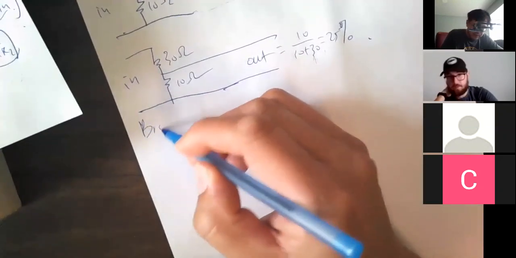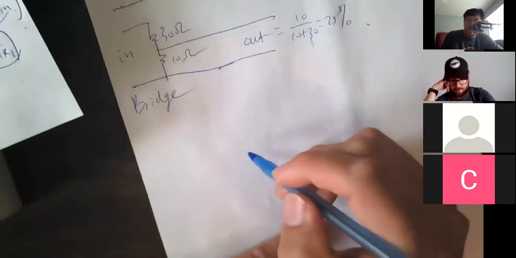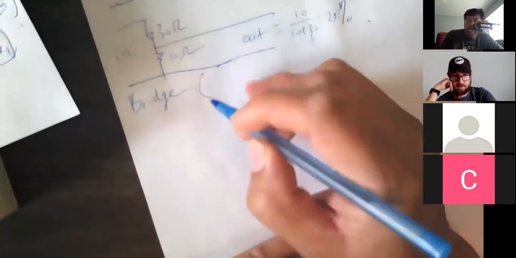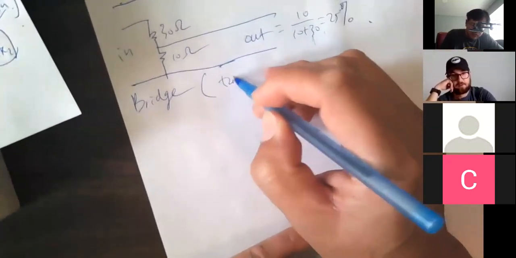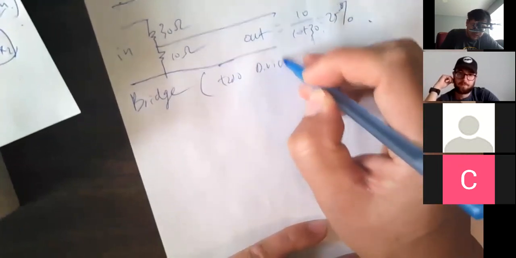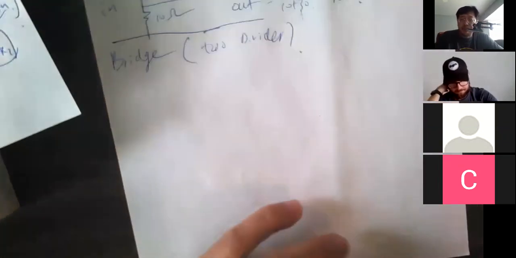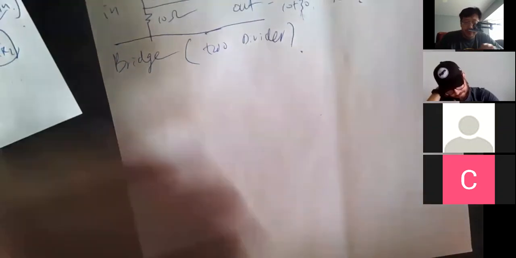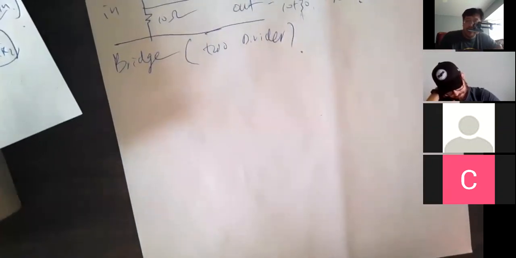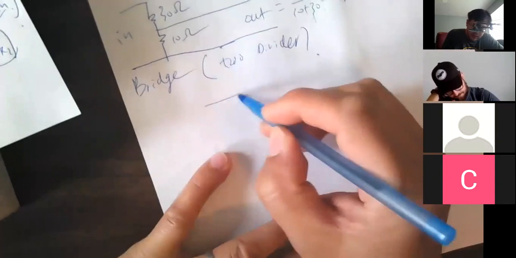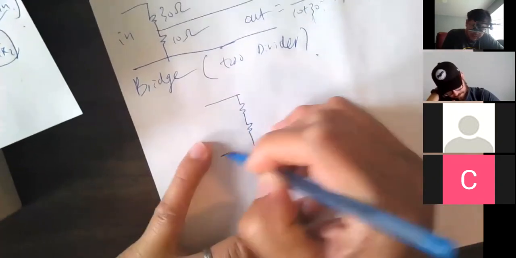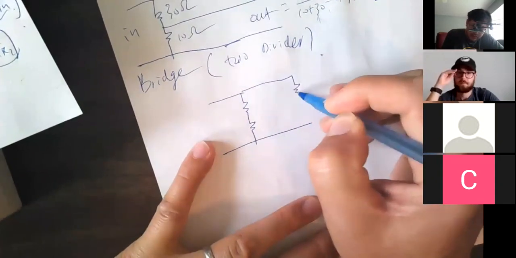How about the bridge? Bridge, just remember, 2 dividers. A lot of people make the bridge so complicated. Actually, if you look at the bridge, it's 2 dividers. So that's divider number 1, divider number 2.